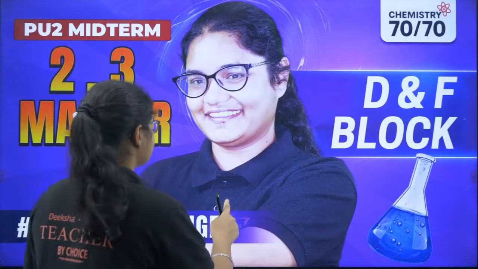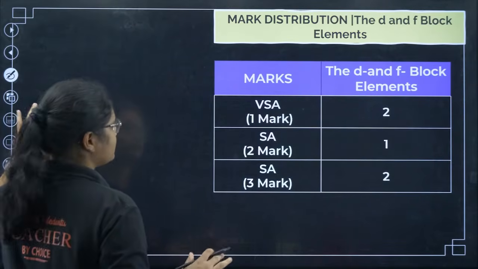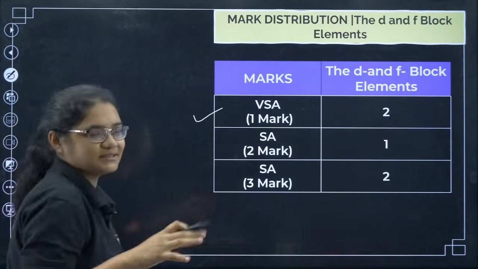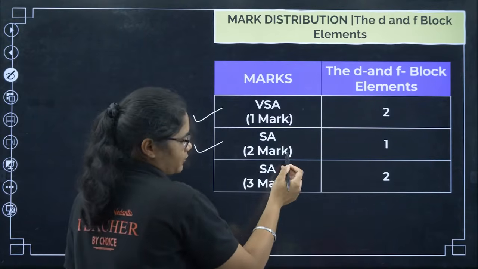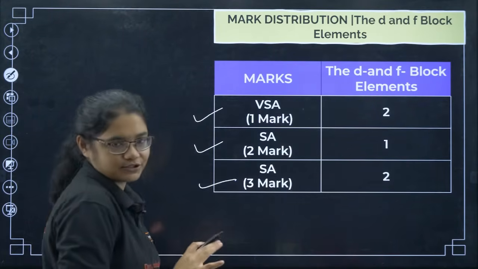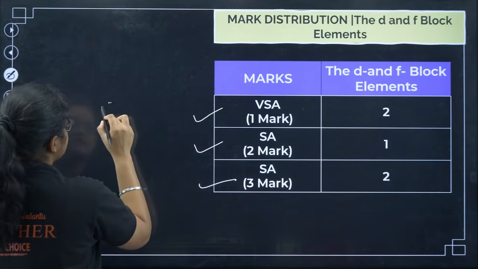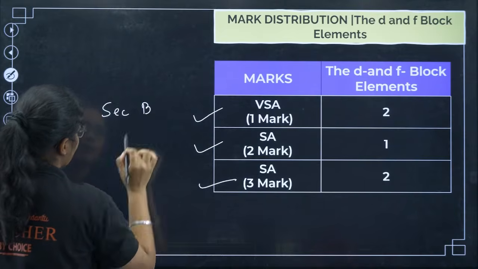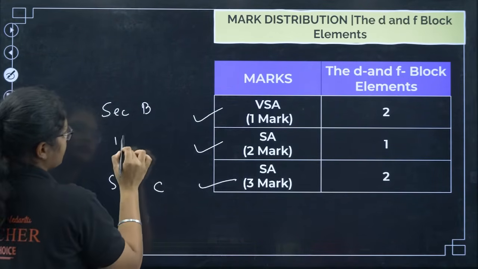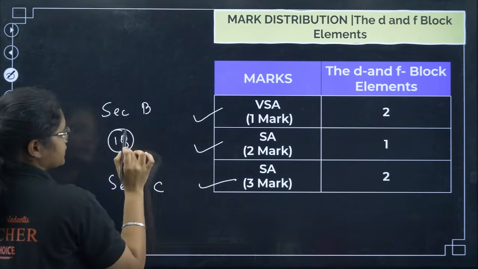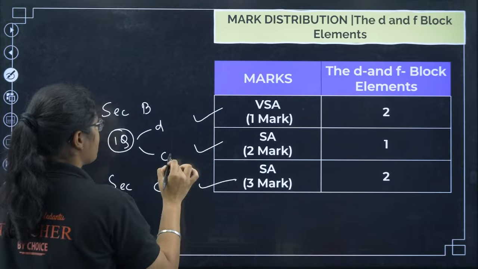Let's go ahead, and if I tell you the blueprint of this chapter, you can expect two questions in the 1 marker section, and there will be one 2 marker question and 2 3 marker questions. In section B there will be one question from inorganic chemistry, which can either be from D and F block or from coordination.